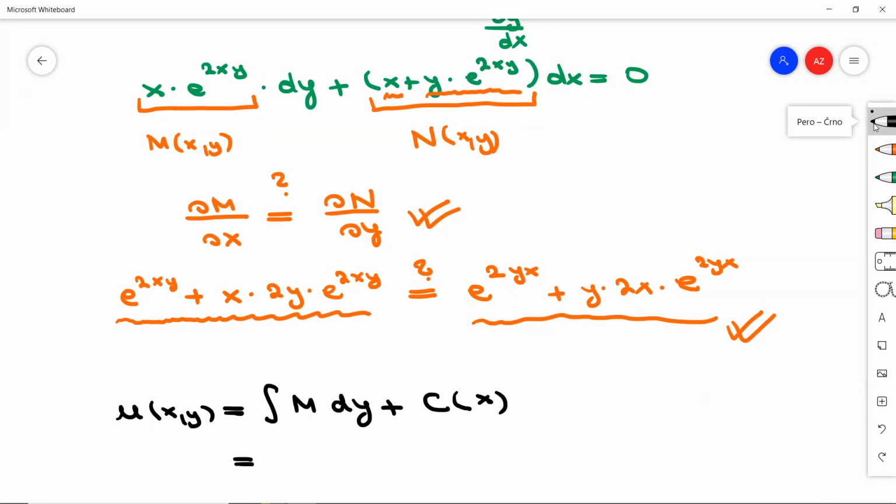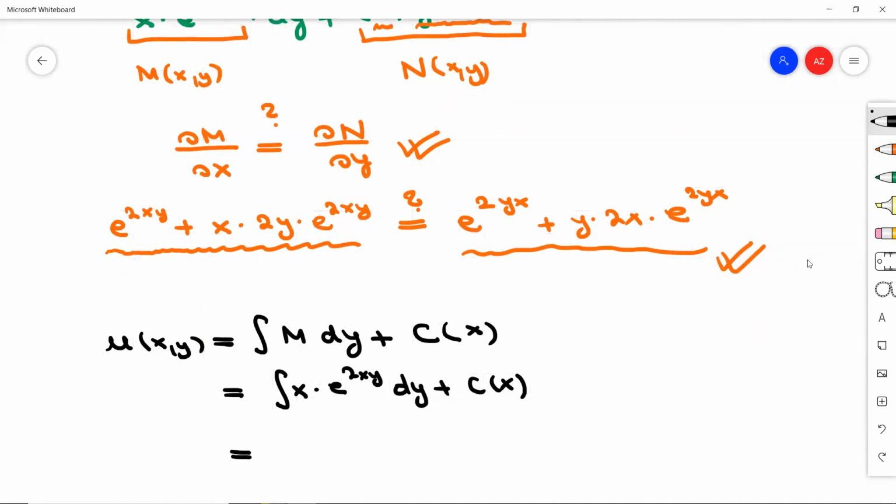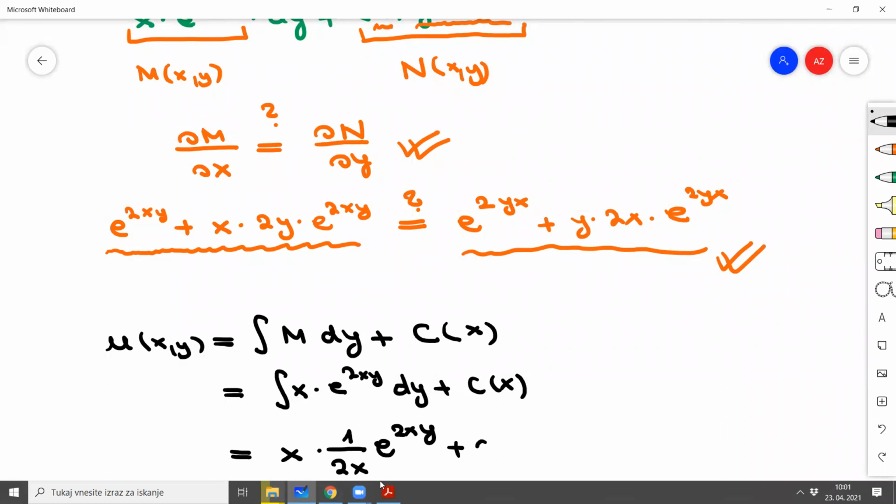So we get the integral of x e^(2xy) dy plus a function of x. x is independent of y, so this is x, and the integral of e^(2xy) is e^(2xy) multiplied by 1 over 2x, plus c(x).